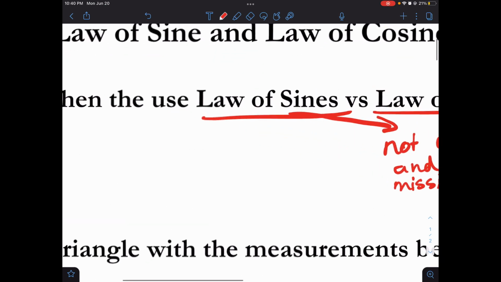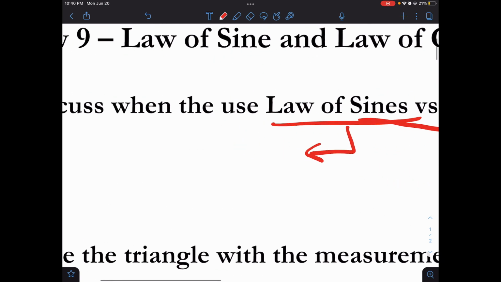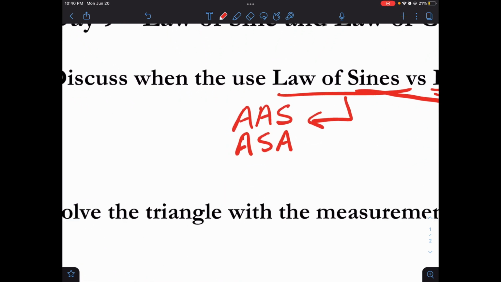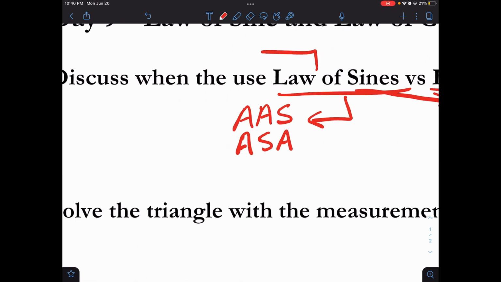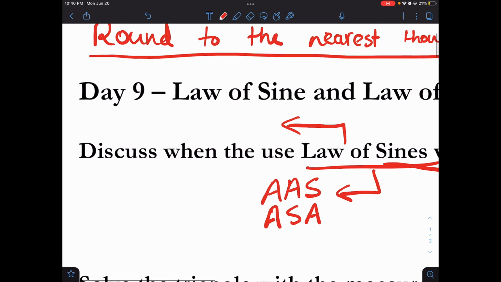And then the law of sines is used when you're given 2 angles and a side, which is not included, or 2 angles and a side which is included. Also, the law of sines is used when you have SSA, but that's a little different because this is the ambiguous case.